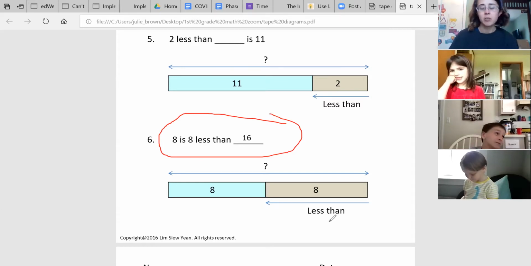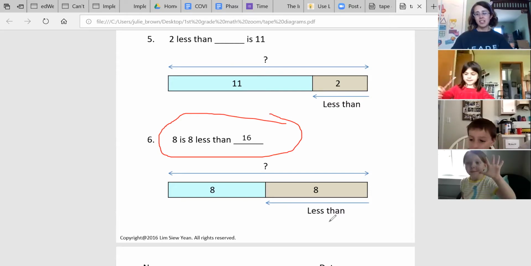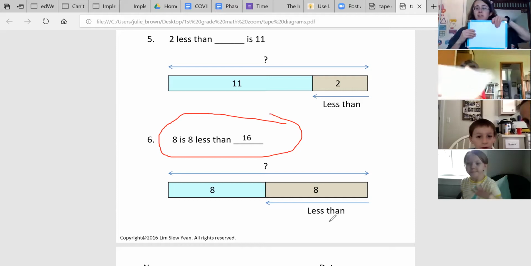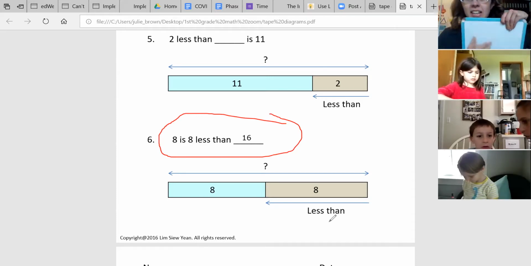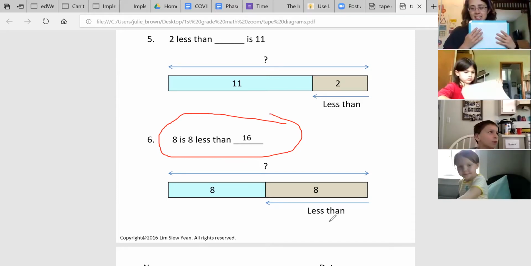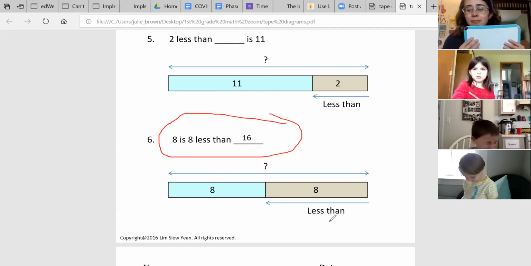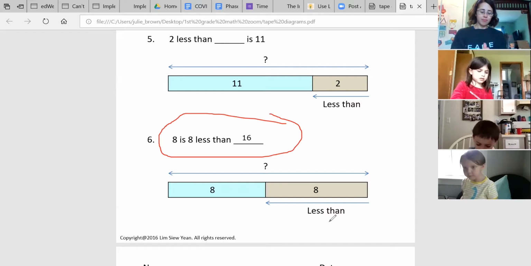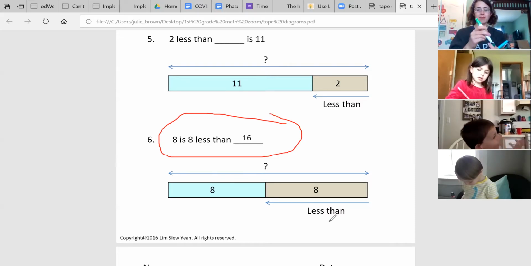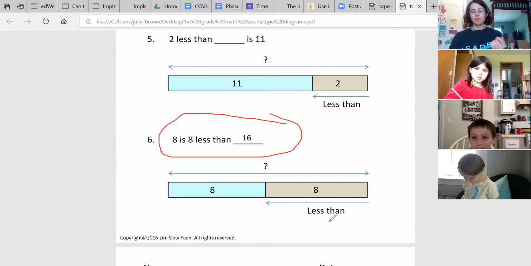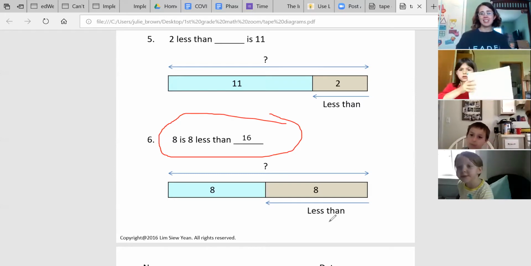Okay, who can be the first one to turn that into a subtracting sentence? We have to use these 3 numbers. Write them down and hold it up to the screen if you can take those 3 numbers and make them a subtracting sentence. Miss Brown, can I ask you a question?